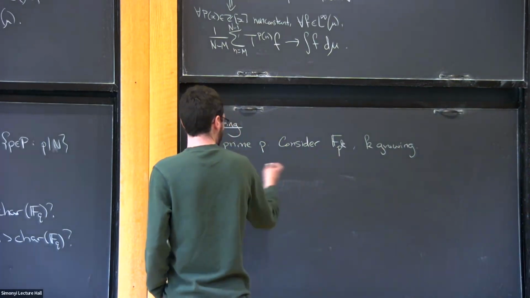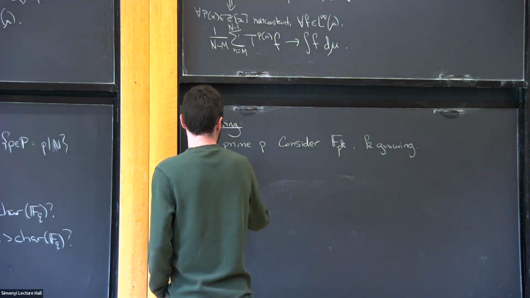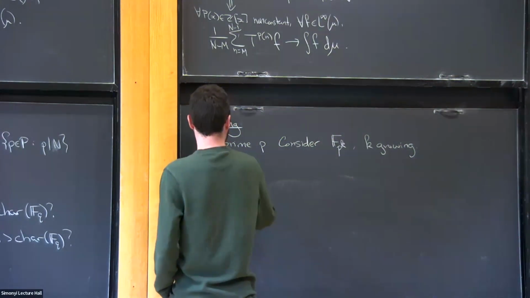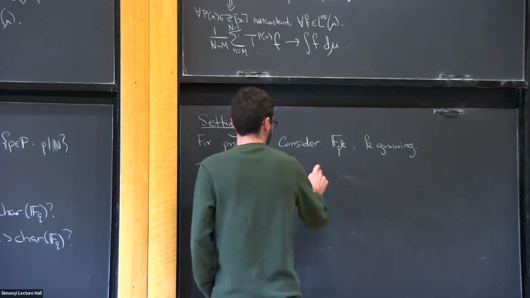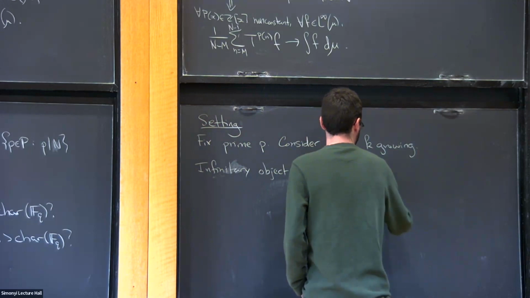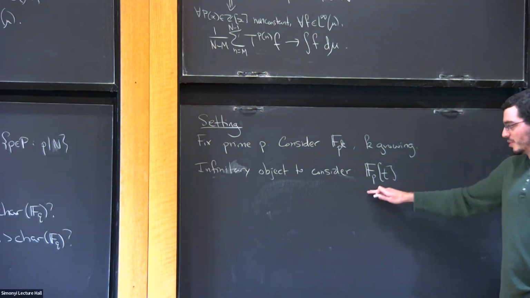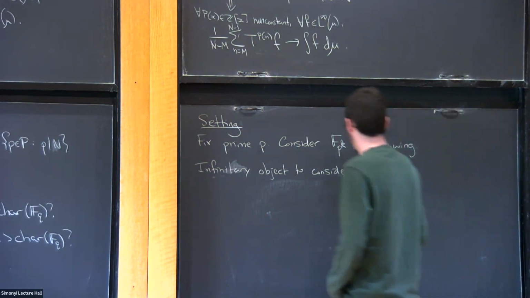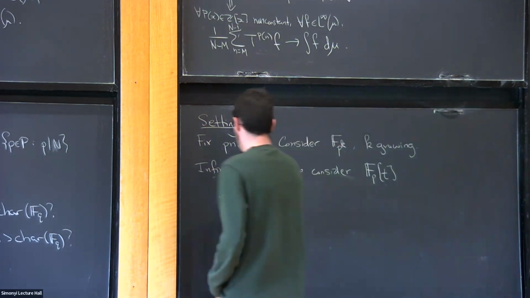The infinitary object to consider is going to be the polynomial ring over the finite field with p elements. So why is this? Because all of these are quotients of this ring.